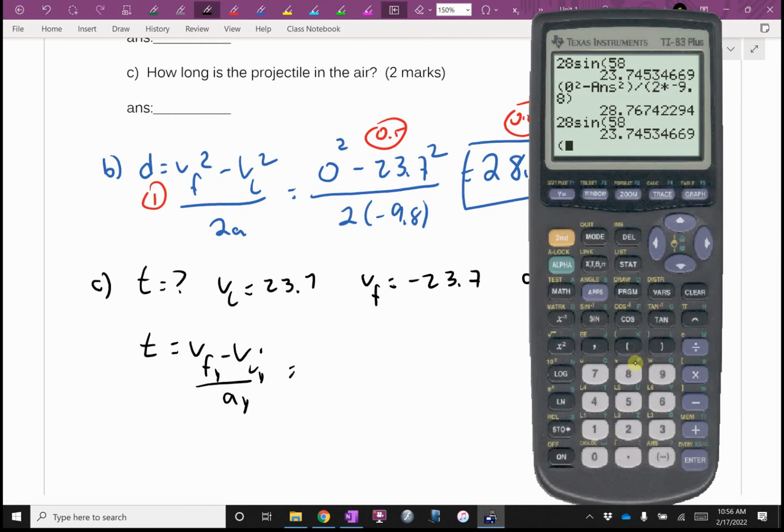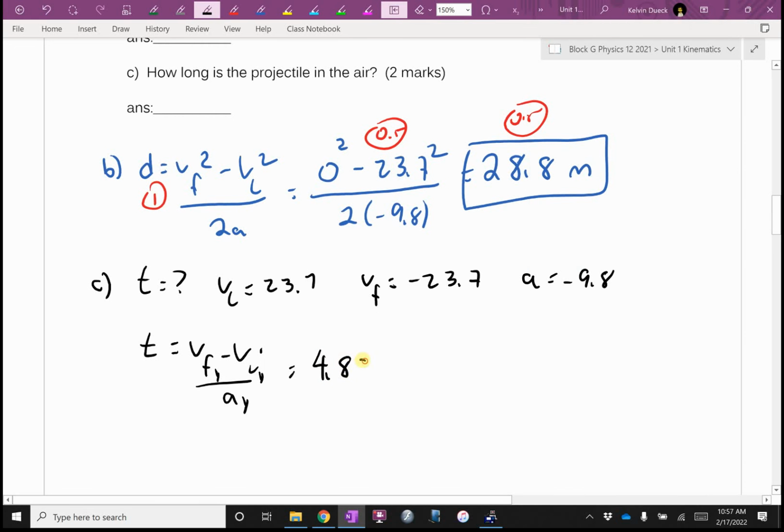So it's going to be negative answer minus answer divided by negative 9.8. No matter which way you found it, if you found time to top and then doubled it, or if you found it in one step like I did, you all get 4.85 seconds. I would give you 1 mark for that, probably, and 1 mark for that.